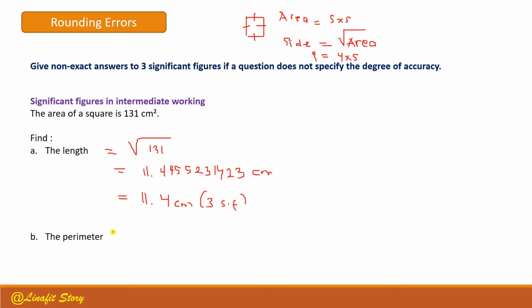Then how to get its perimeter? 4 times side. So 4 times 11.4, the answer is equal to 45.6 cm. If you do 11.4 times 4, a rounding error will occur. To be more accurate, we should use the calculator value.